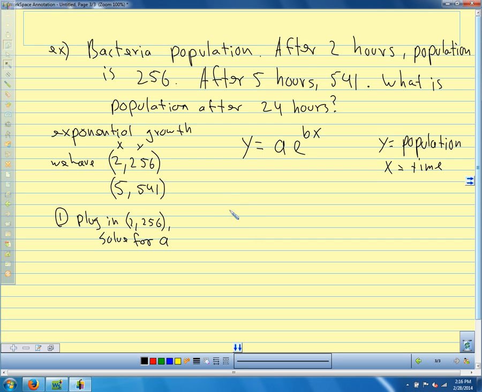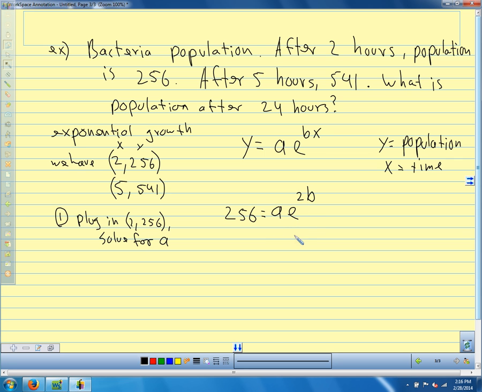We have 256 equals a e to the 2b. So this is only going to get rid of one of our variables. So to solve for a here, what am I going to do?